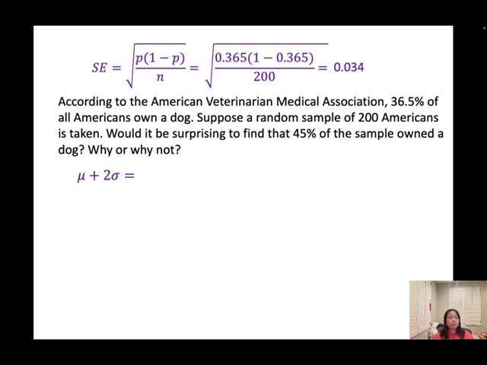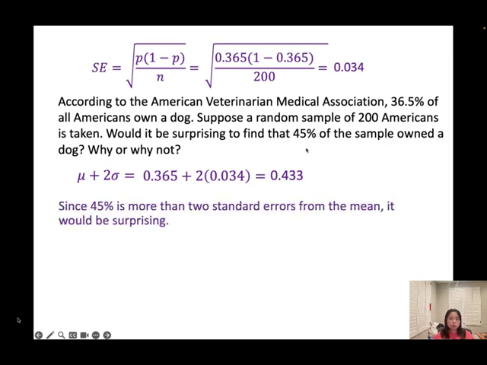We know the mean and the standard deviation. You should get 0.433, and this means 43.3%. This is the maximum usual value. And then they are asking about 45% of the sample, right? So you know 45% is more than 2 standard errors from the mean. So it would be surprising.